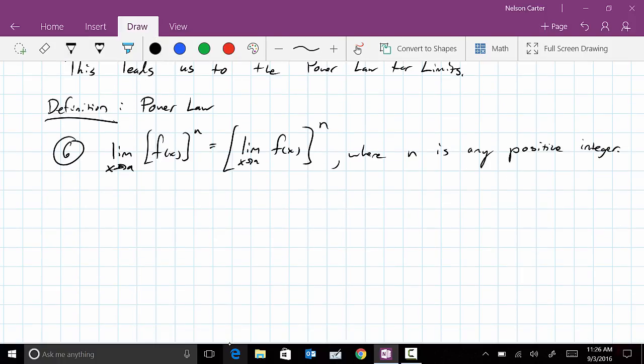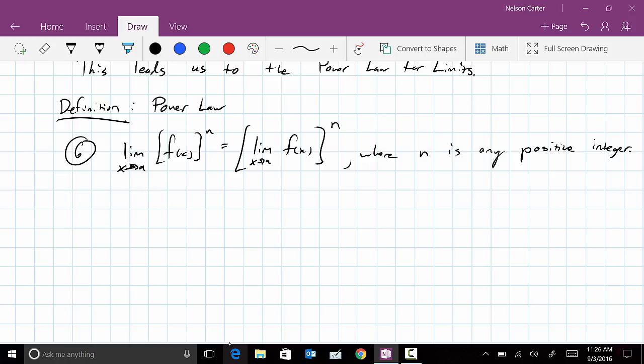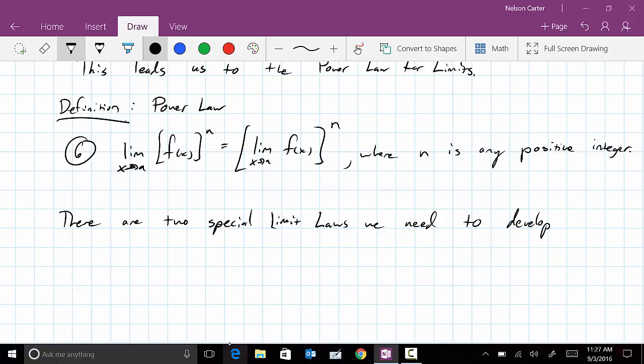Okay. So that's interesting. Now, there are two special limit laws that we need to develop further limit laws.